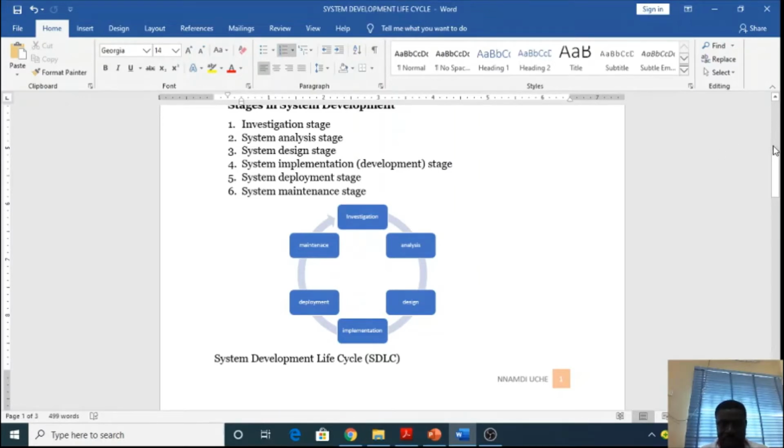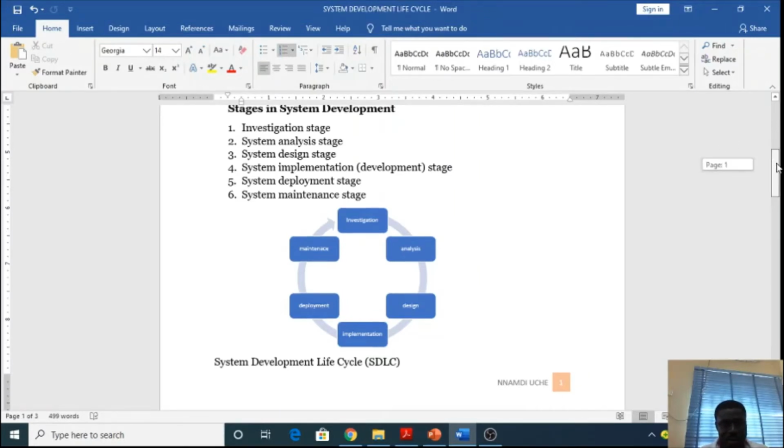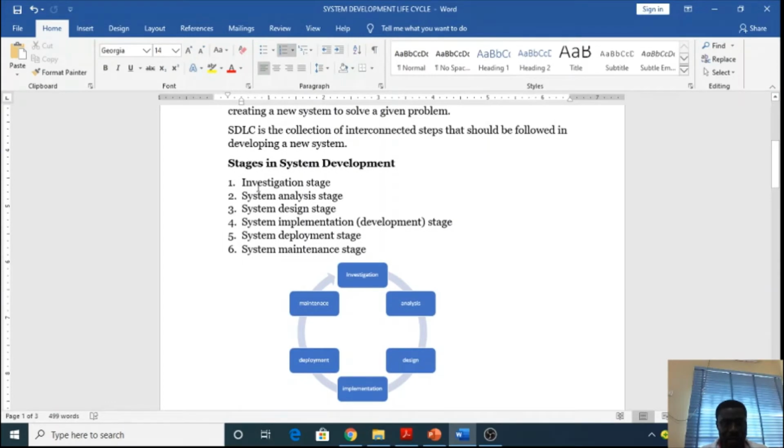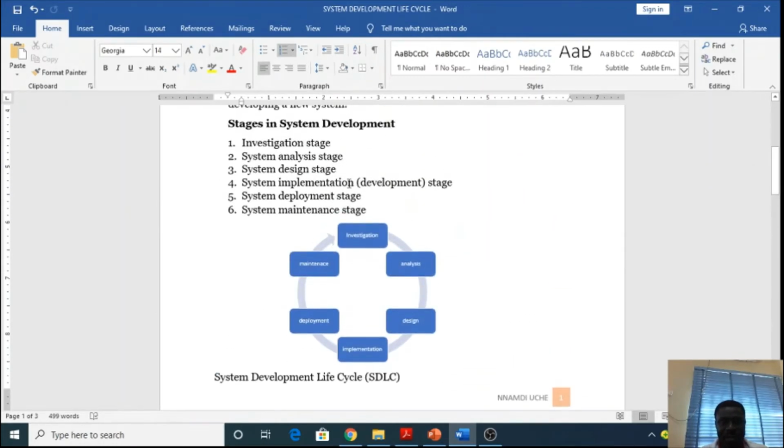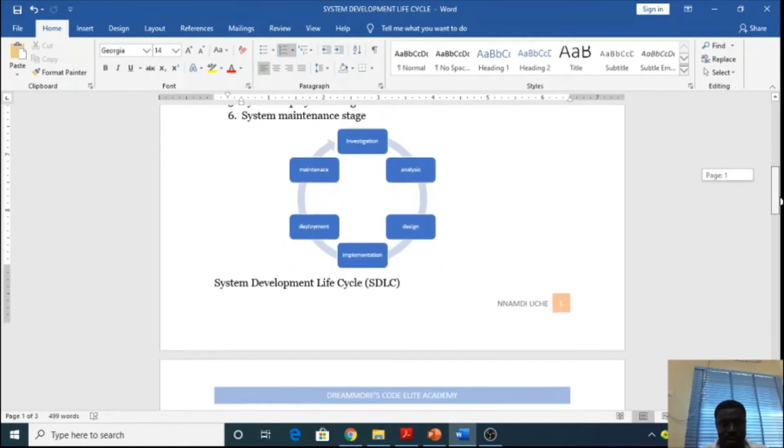I will try to explain what you do in each of these stages as simply as possible. You can find an acronym to help you remember this: IADIDM. You can find a word around it, just to help you remember.